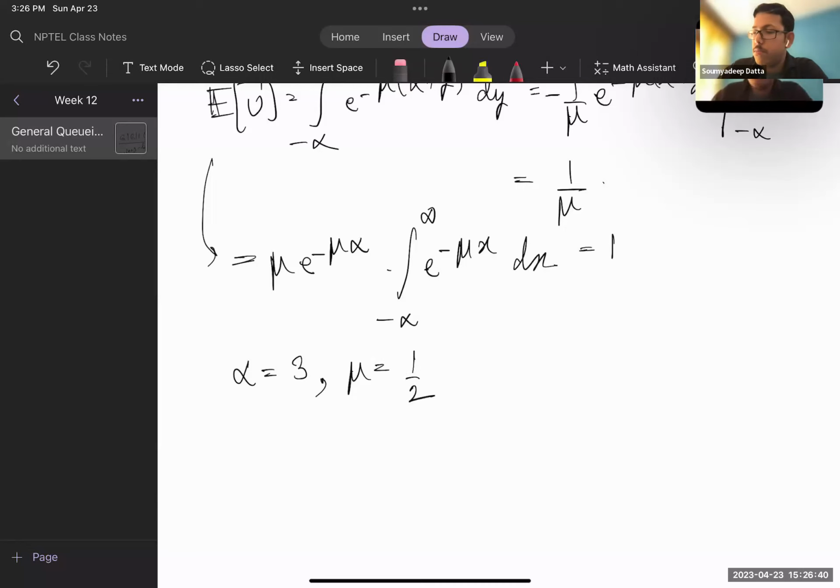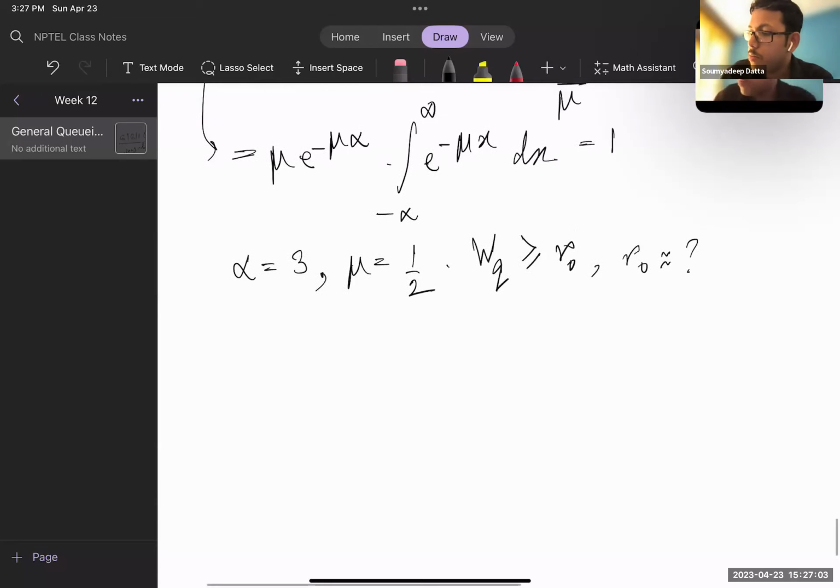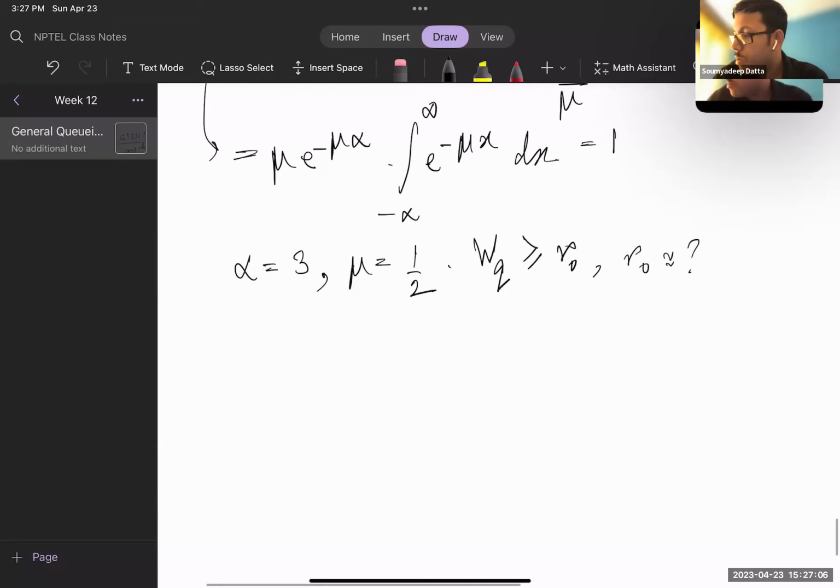And we want to find out the lower limit of the queuing delay. So how do we do that? Let's quickly solve something. The way it can be verified from the theory is that we have to solve this integral equation.